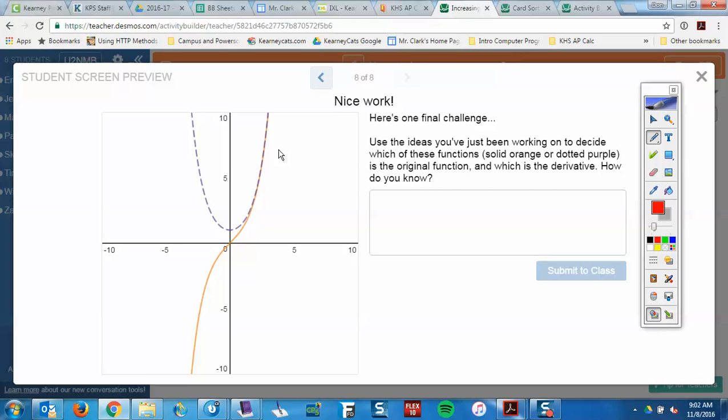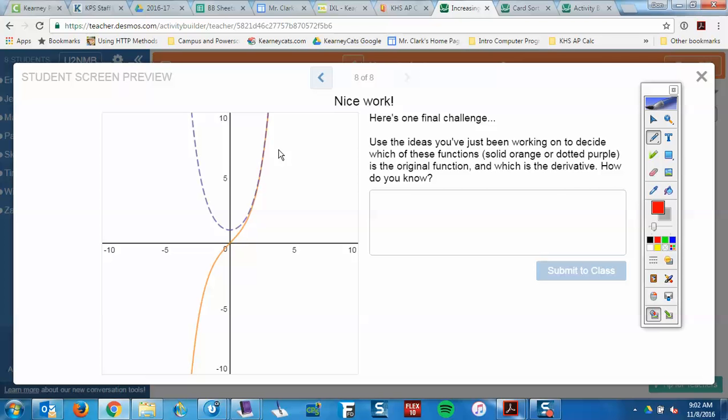Now we're going to do some of this hopefully later today. I don't know how much time we've got, but we might try one of these where we look at 2 graphs, and one is F and one is F prime, or we have a bunch of graphs and we want to match up the F's with the F primes, and look exactly at that. This one is a kind of a special case where you could make an argument that the purple is F and this one's F prime, and vice versa.